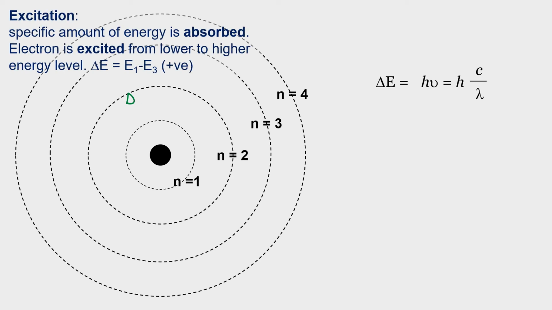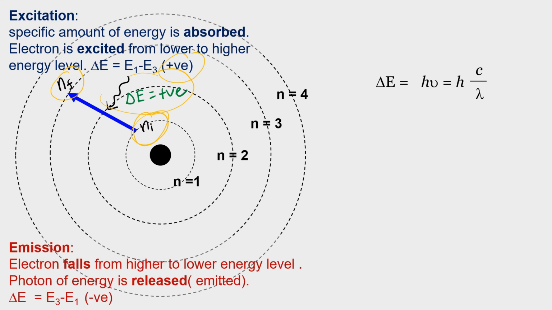To recap, in excitation, a specific amount of energy is absorbed. Electron is excited from a lower energy level to a higher energy level. So this will be the N_i for excitation and N_f of the excitation. During the process, energy has been absorbed, so the delta E will be positive.